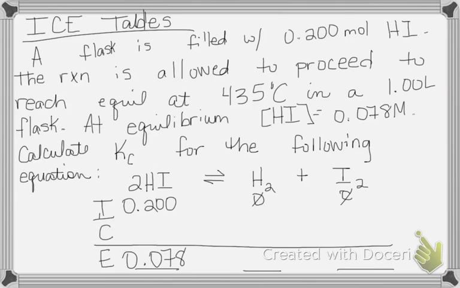How would I do that? I could simply subtract them, take the difference between 0.2 and 0.078, and I get 0.122. So I know that right here I have used 0.122. And I'm going to put a negative there because I know it was used. How do I know it was used up?